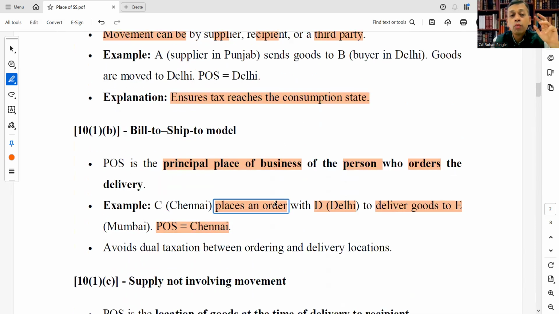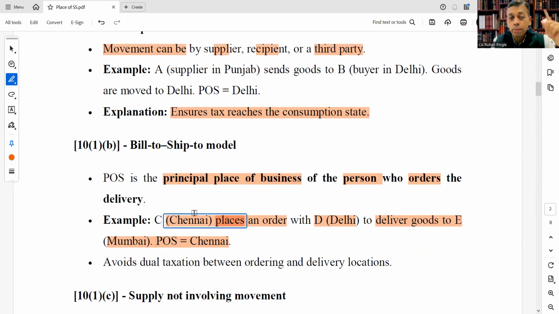Here, in build to ship to model, three parties are involved, namely C, D, and E. C places an order with D, that is in Delhi, to deliver the goods to E in Mumbai. So place of supply will not be Mumbai, but Chennai, because in build to ship to model, place of supply is the principal place of business of the person who orders the delivery.